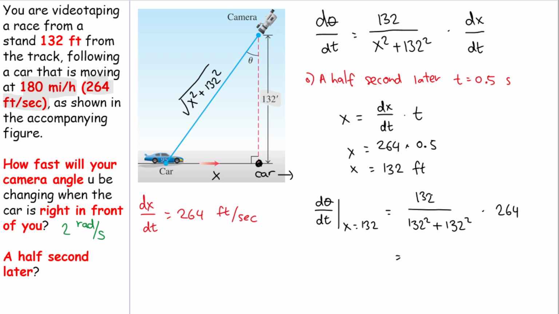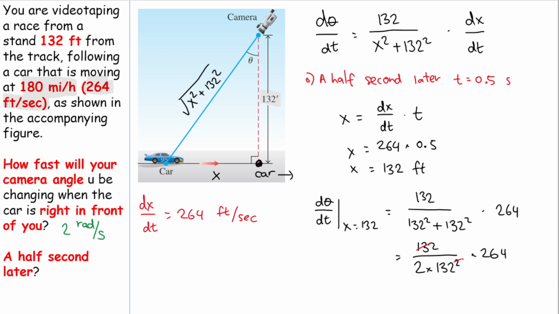Okay, now let's do some simple arithmetic. So I'll have 132 and then there are two 132 squared, right? So I will have 2 multiplied by 132 squared and then multiplied by 264. Okay, what can be cancelled?